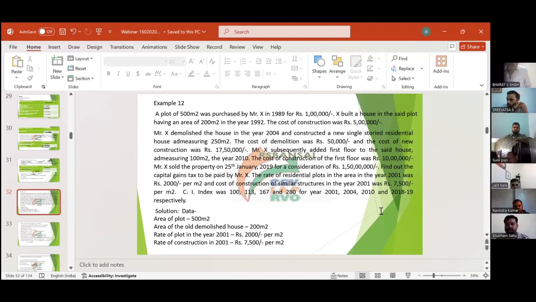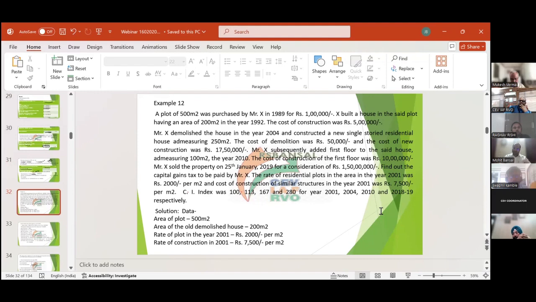Then in case of demolition, if you demolish a certain part and reconstruct, how to proceed in such cases? Many times you may have such an assignment where the building was demolished and again rebuilt.